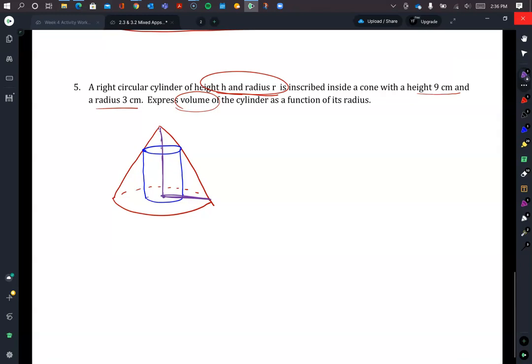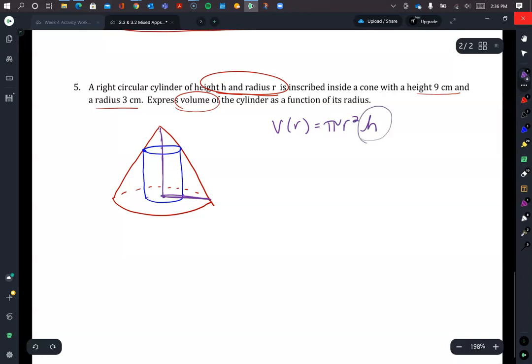So I know several things. I know my volume, but I want it in terms of r. So I'm going to say V of r equals pi r squared h. But now h has to be swapped out for something including r. All right, so I'm looking for the volume of the cylinder.